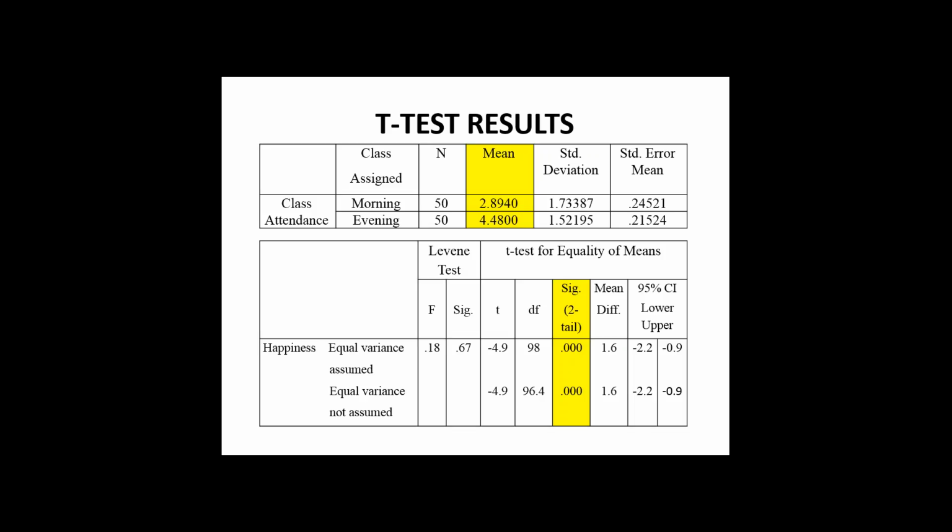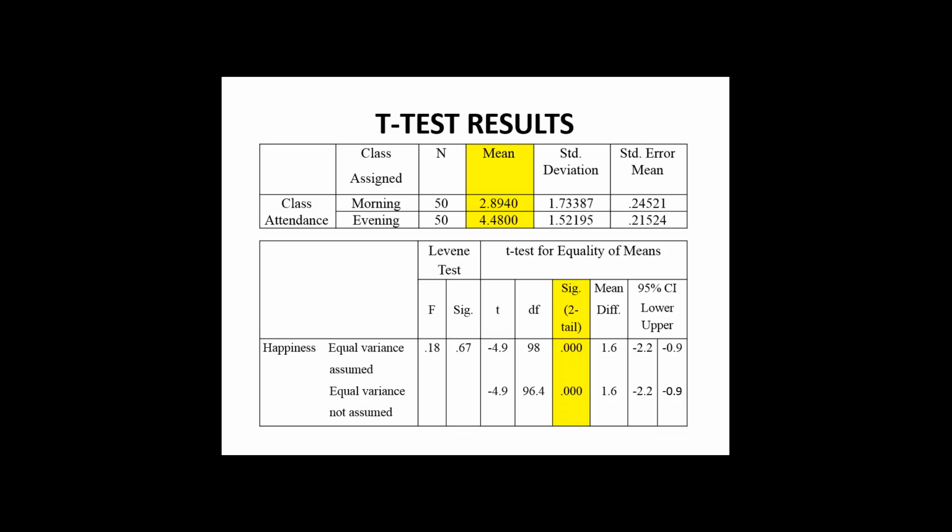That tells us if there's unequal variance among the two groups. If it's significant, see that 0.67? If that was 0.05 or below, meaning it's statistically significant, we would use the bottom set of values, where the t is negative 4.9 and the degrees of freedom is 96.4. That's if the Levene's was statistically significant, but it's greater than 0.05, so we use the top.